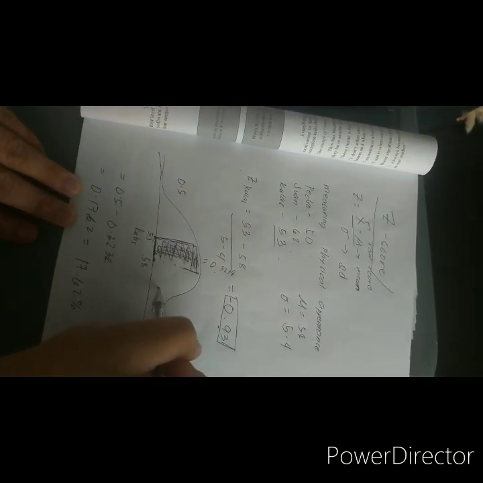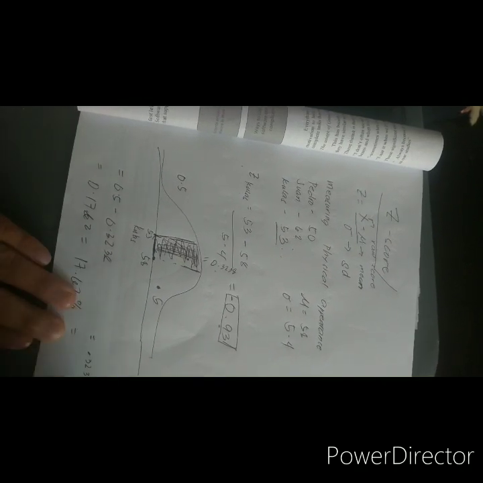So paano pag ilan ang nakatalo kay Kulas? Simply, kung ito ay 0.5, di ba? Itong area na to ay 0.3238. Anong area nito? 0.5. So, ibig sabihin, i-add mo lang. 0.3238 plus 0.5.